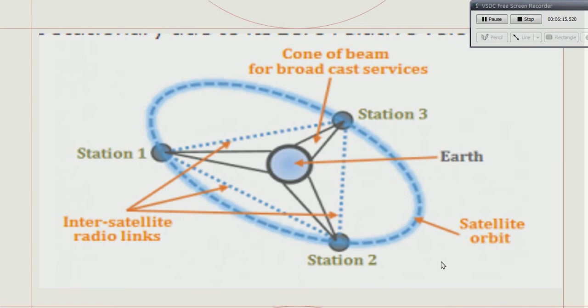Now let's see how a geostationary satellite helps in telecommunication. Suppose this is my Earth, and I have three geostationary satellites: one, two, three. Three geostationary satellites just form a triangle. Suppose here is my transmitting antenna. It transmits something that will be reflected by this satellite and comes here, so here I will get something.